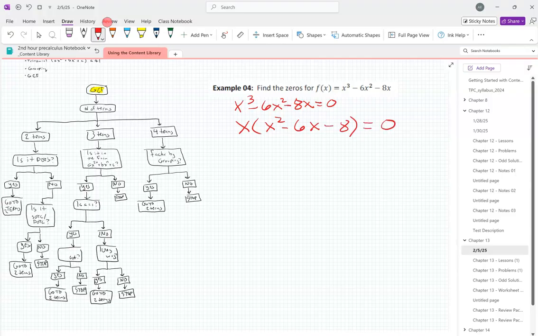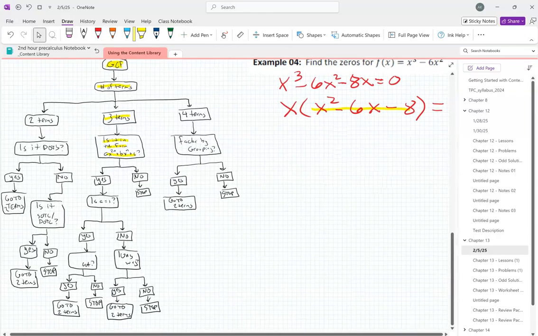Okay. Now I'm going to look at the remaining stuff and look at the number of terms. How many terms do I have? 3. So are those 3 terms in that quadratic form?